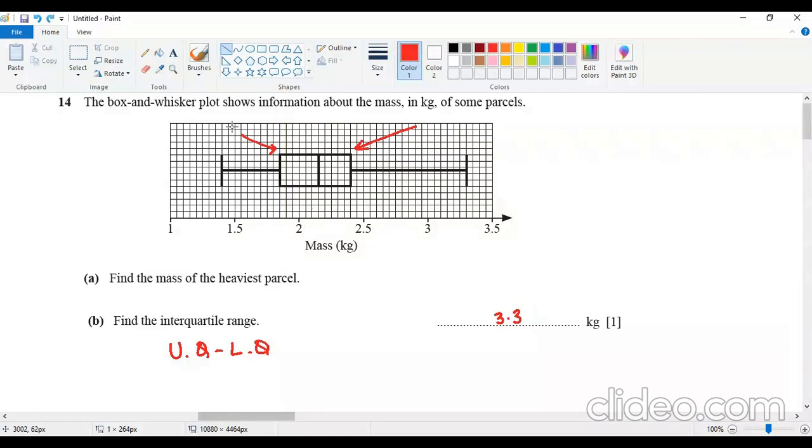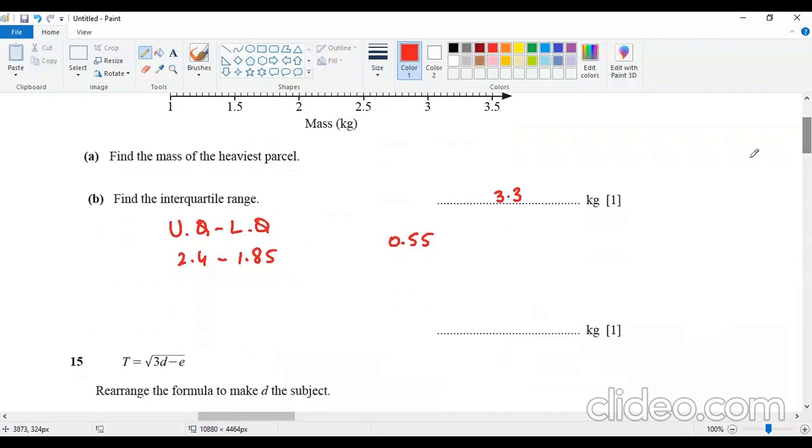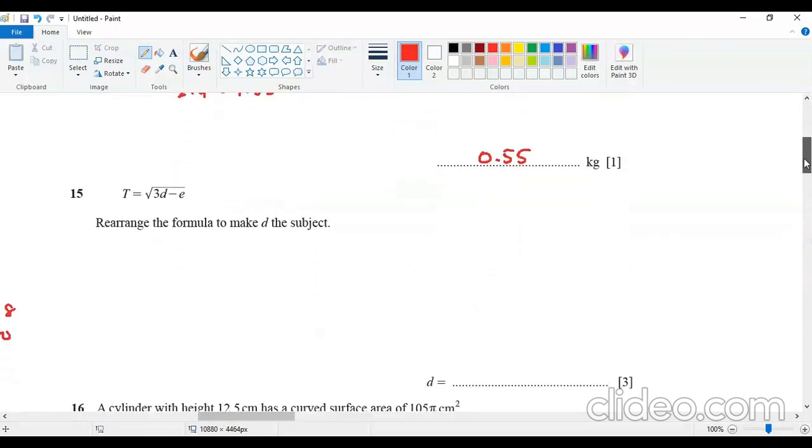So I'll put the values. Upper quartile is 2.4 and lower quartile is 1.85. When subtracted, it's going to give you 0.55. So 0.55 kilograms is the correct answer, and you get full marks for this.